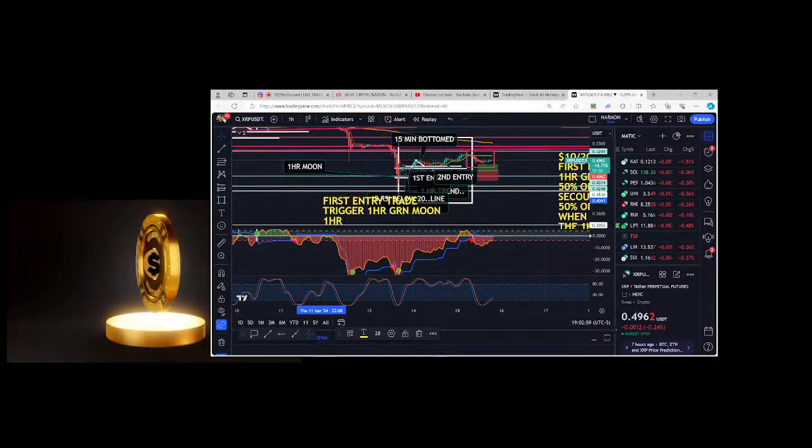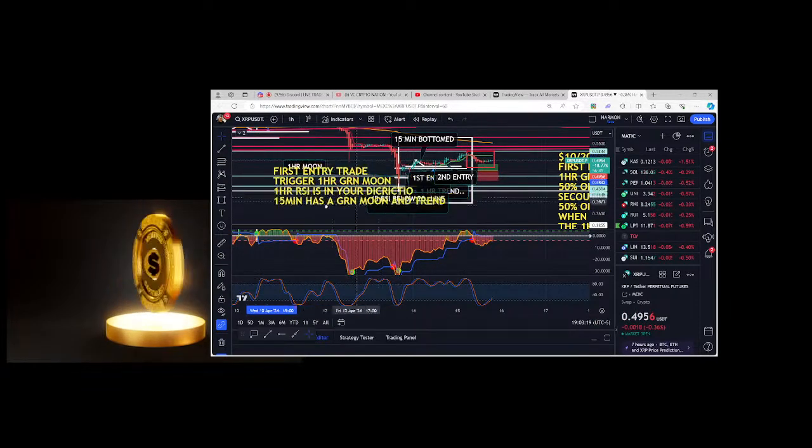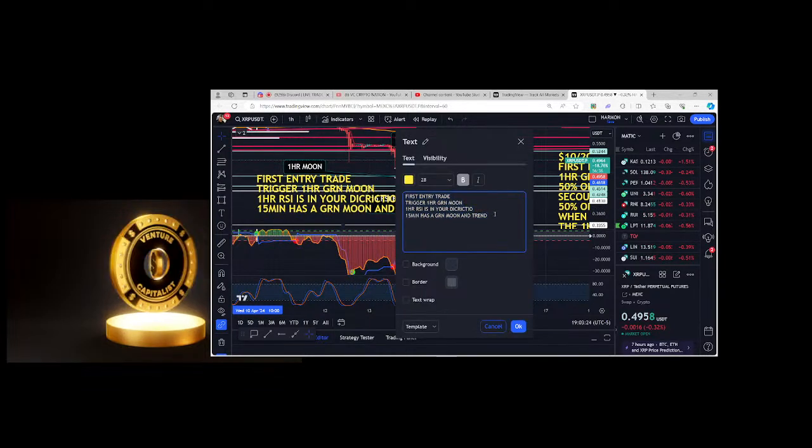As long as the 1 hour RSI is in your direction, and then the 15-minute has a green moon and trend, that right there is the basis of your trade. And to make your entry, if all that's happening, you just want a 3-minute green moon and trend. And that's pretty much it, right?